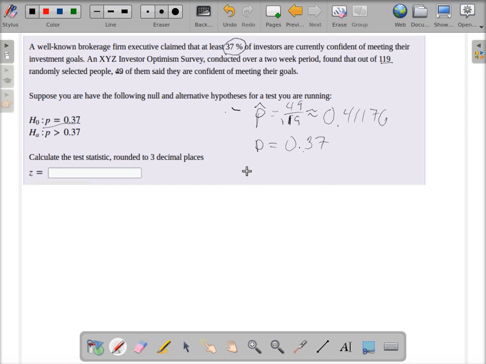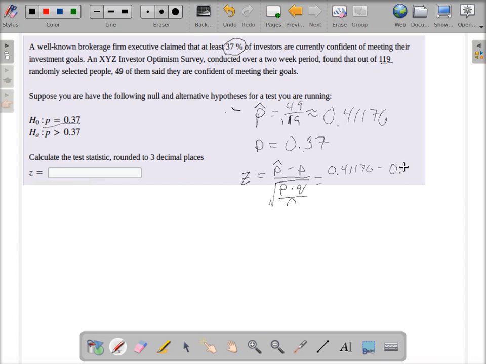So now we'll just plug everything into our test statistic formula, and since this is for a proportion, we would have p hat minus p all over the square root of p times q all divided by our sample size n. So p hat, of course, was 0.41176.